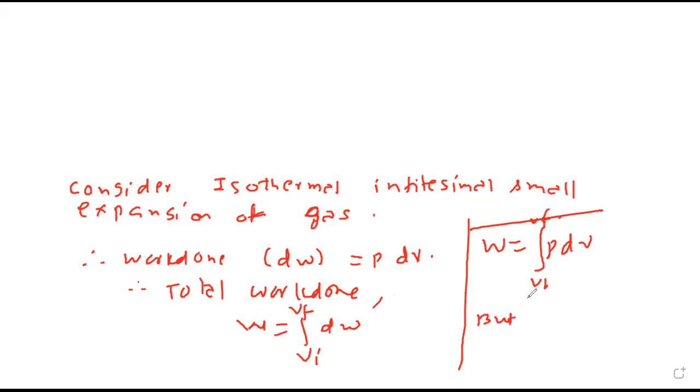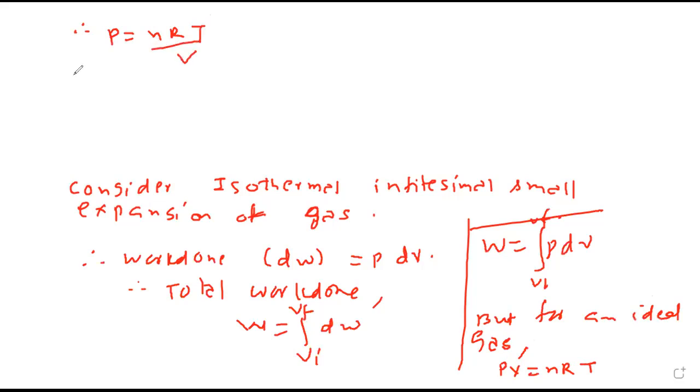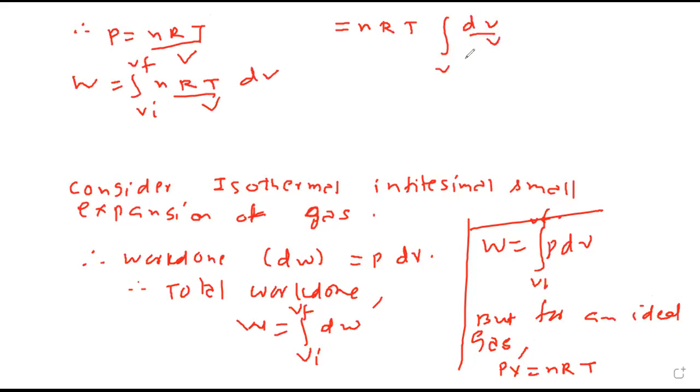But for an ideal gas, PV equals nRT. Therefore, P is nRT upon V. So W will be the integral of nRT upon V dV from initial to final. n constant, R constant, isothermal so T constant, so dV upon V from initial to final.